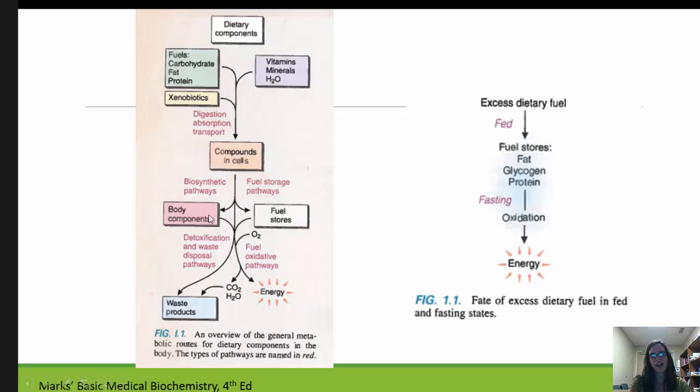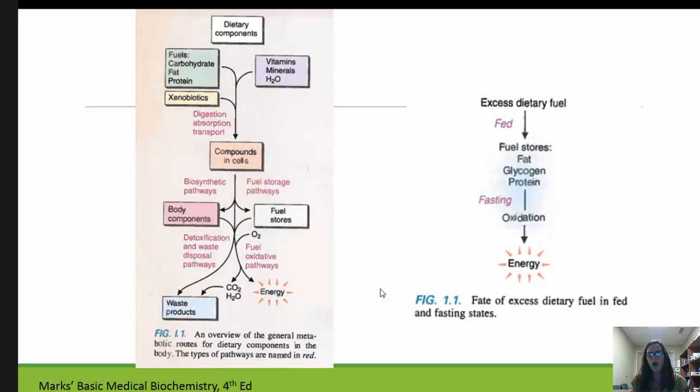These compounds are then used to make components of our body through biosynthetic pathways, or they can be used as energy or as fuel or incorporated into fuel stores so that we can use energy later. So you can see that this is a very complex, long pathway that involves many biological processes.